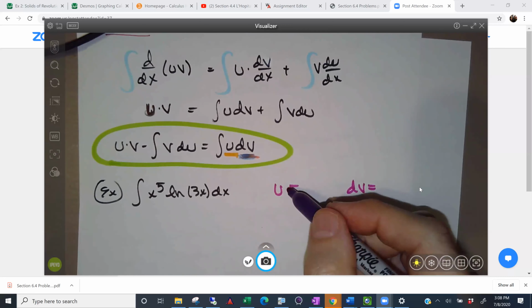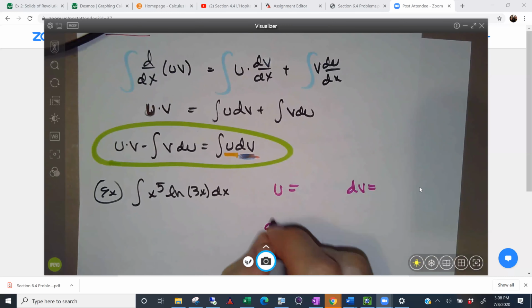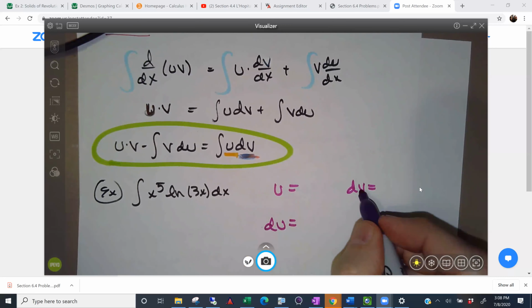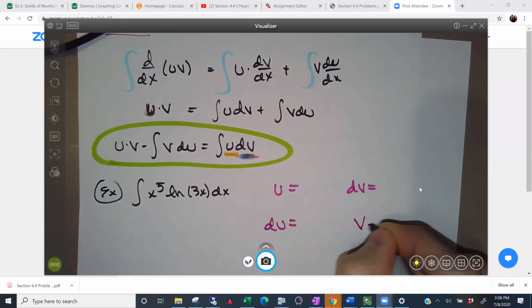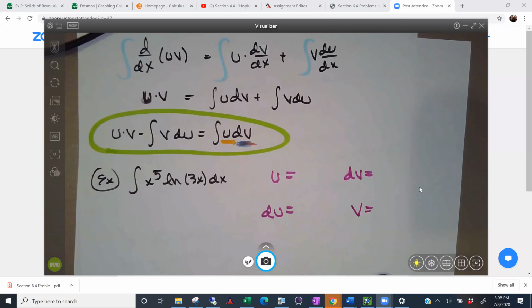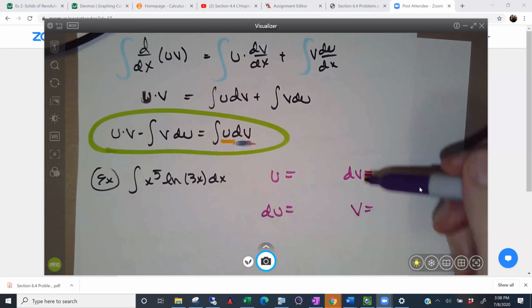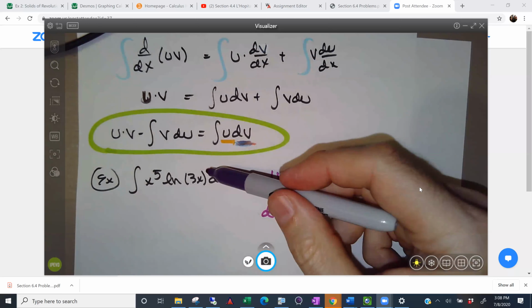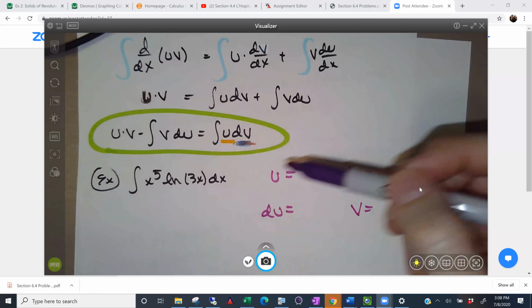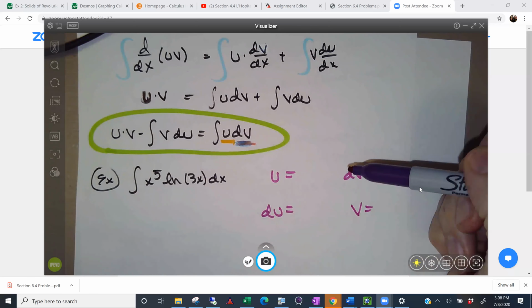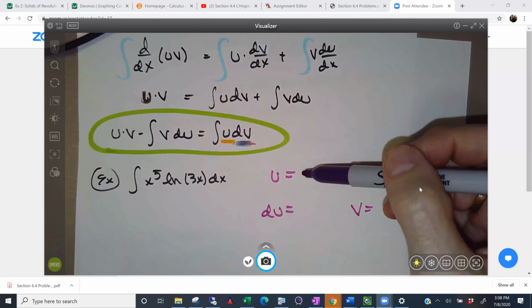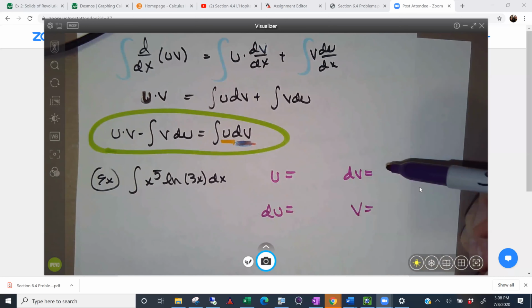Now, when we have u, we're going to differentiate it and get du. If I have dv, I'm going to integrate it to get v. So when you're looking at these two terms and trying to decide, well, what am I going to let u equal and what am I going to let dv equal? Well, one of these you're going to have to differentiate and one of them you're going to have to integrate.